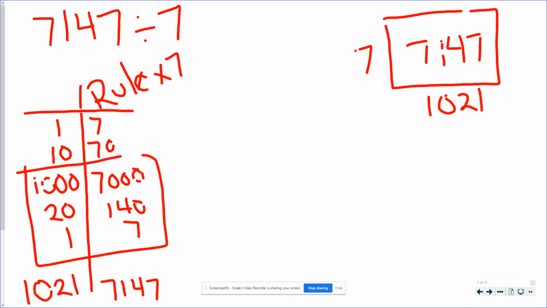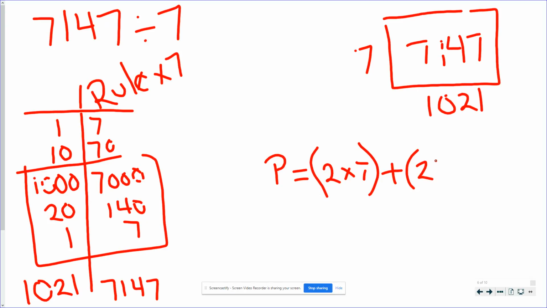1,021. If I put that into my perimeter formula, that means that P equals 2 times 7 plus 2 times 1,021. And if I were to solve that, I get a total of 2,056.